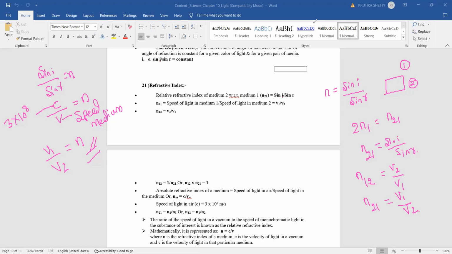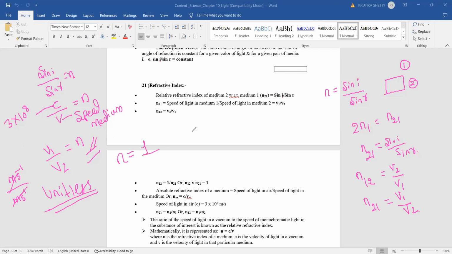See, velocity or speed unit is meter per second. If you substitute, in the numerator meter per second, and here also it is meter per second. So this meter per second will cancel. Therefore, it is a unitless quantity. It has no unit. Refractive index is just a number.